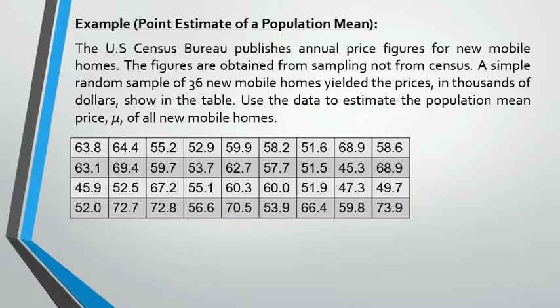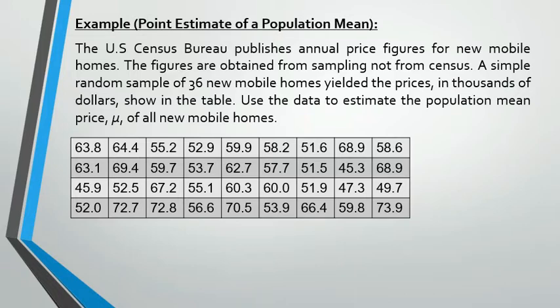The question says the US Census publishes annual price figures for new mobile homes. The figures are obtained from sampling, not from a census. A simple random sample of 36 new mobile homes yielded the prices in thousands of dollars shown in the table.